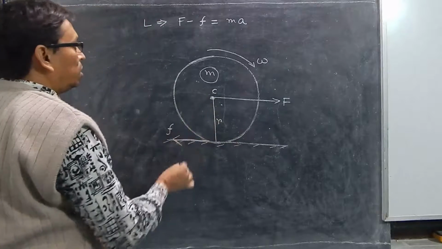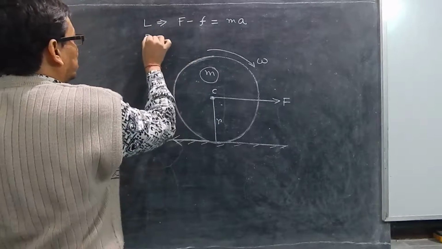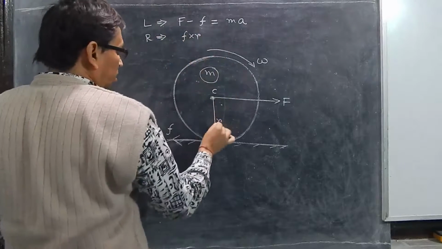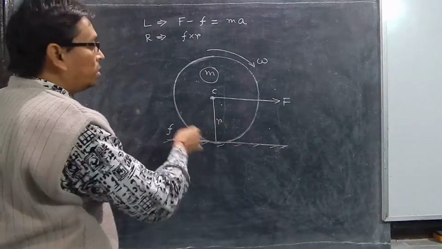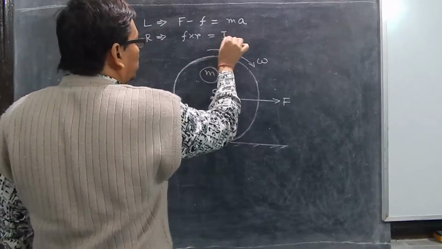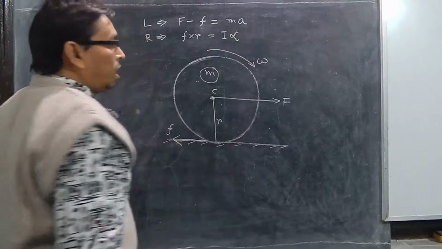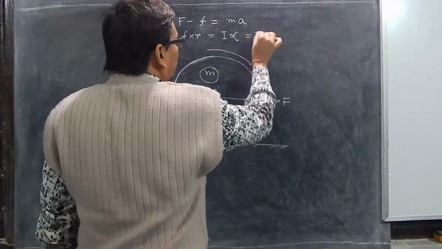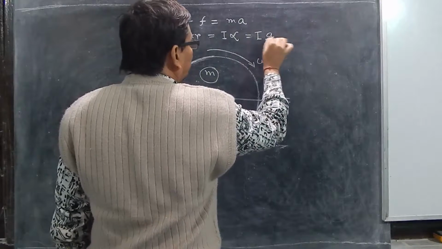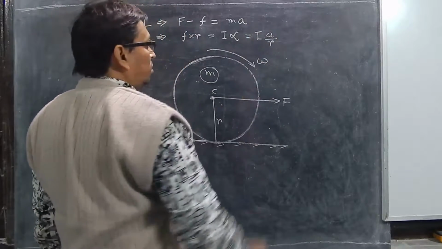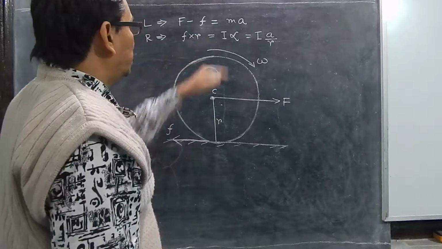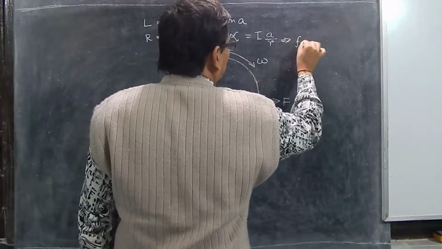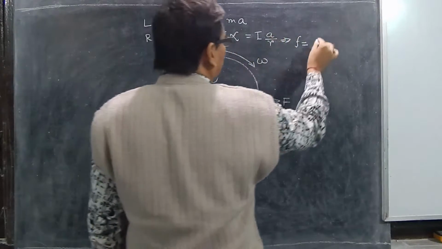So for rotational motion or for rolling motion, you require torque, that will be given by f into R, that is the force into perpendicular distance, and that torque is equal to I into alpha, as we know. Now alpha is equal to a by R. So we are getting f is equal to I a by R square.